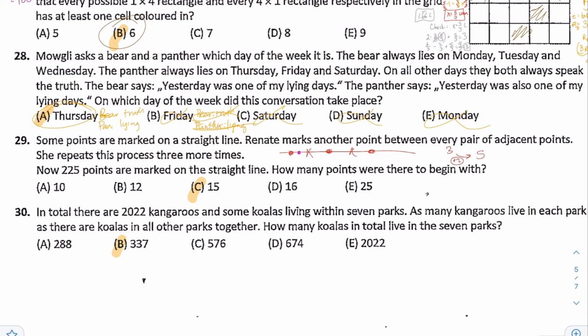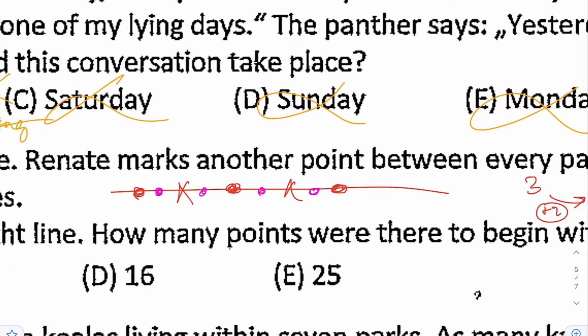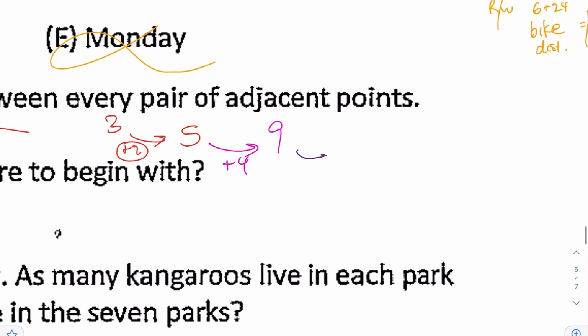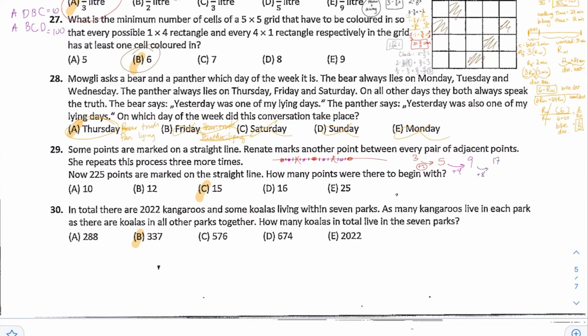So then you'll add 1, 2, 3, 4, and that will give you 9. And then if she does this one more time, you'll be adding 1, 2, 3, 4, 5, 6, 7, 8. That would be 17. So there's a pattern here. You kind of double the number of points you add.